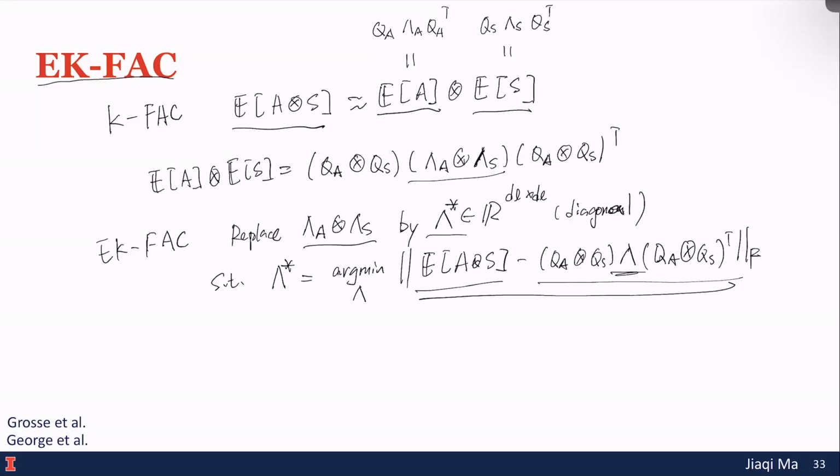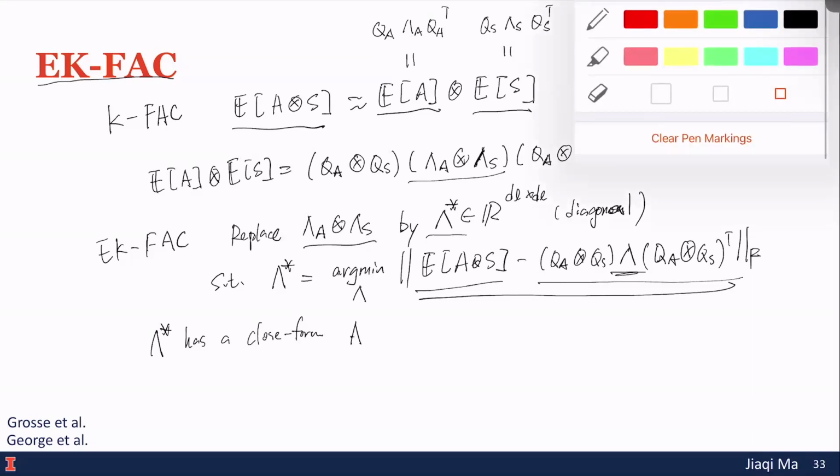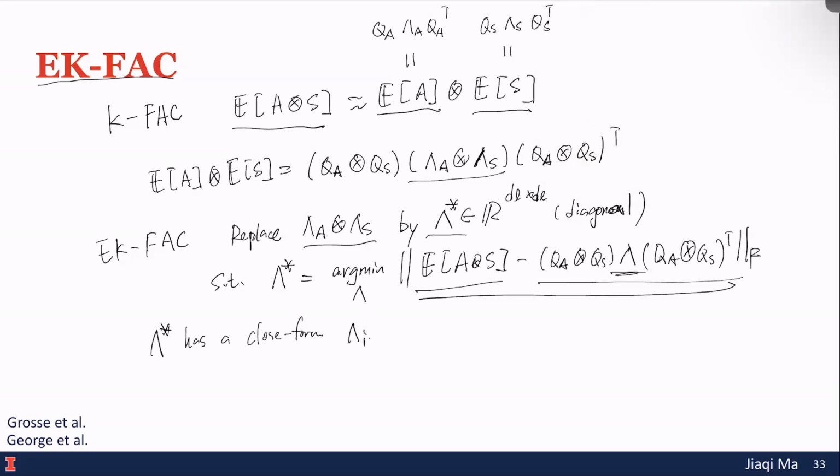And this can be done efficiently as lambda star has a closed form solution, where each element equals the expectation of QA, QS, and theta L, the whole thing, right?